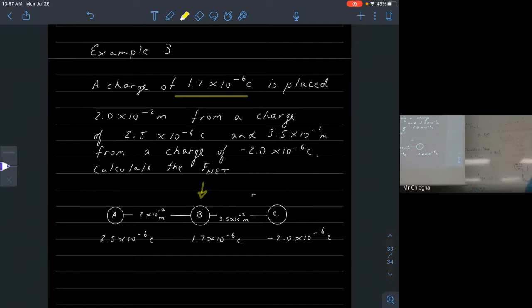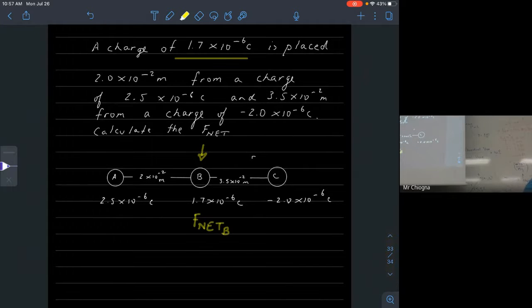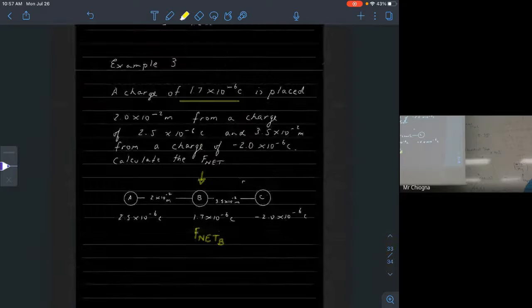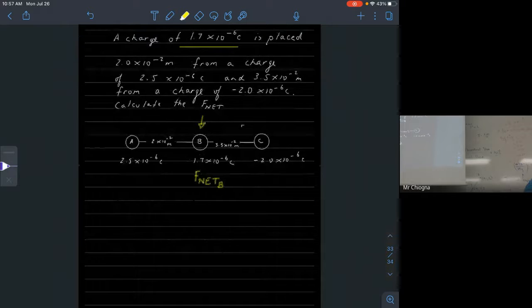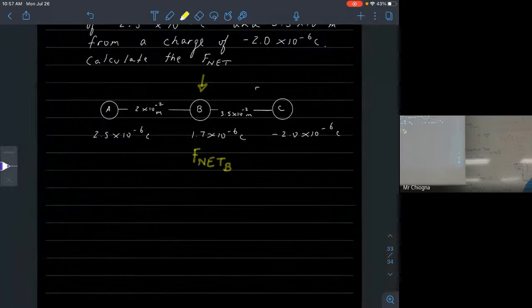We're going to find the net force on that. Okay, so let's just be clear. This is positive. That's positive. That's negative.